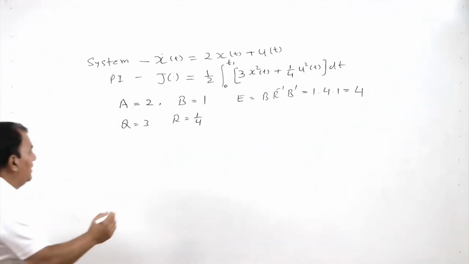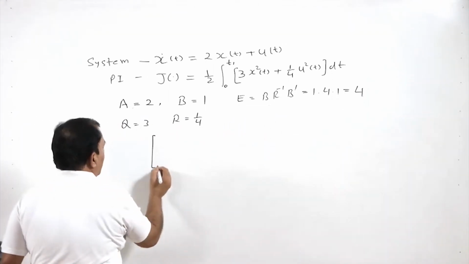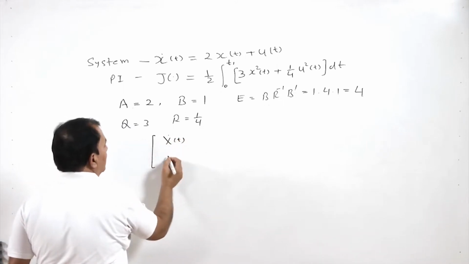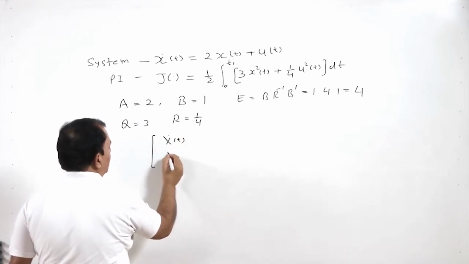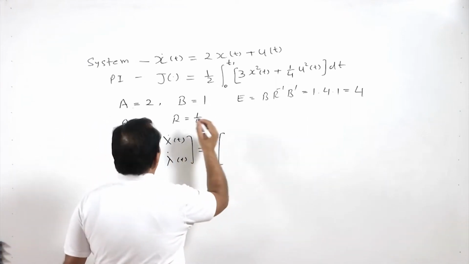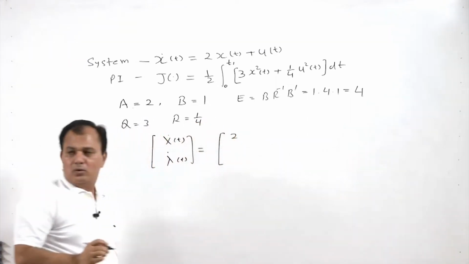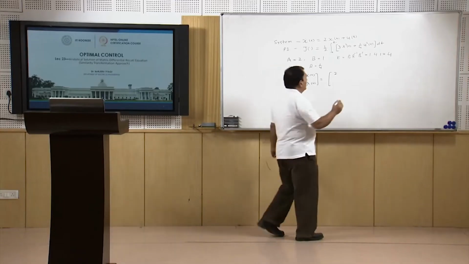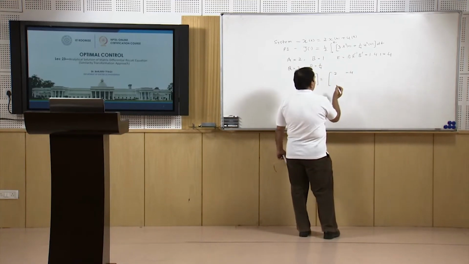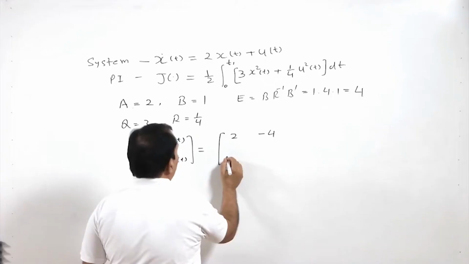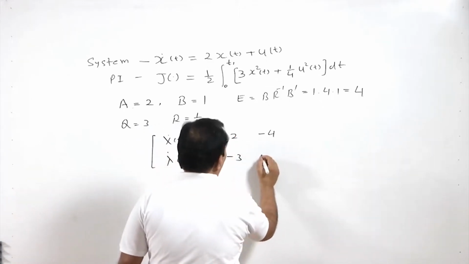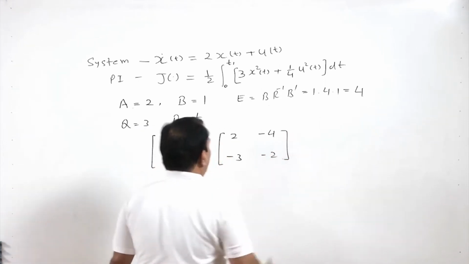If I write my Hamiltonian system, x dot(t), lambda dot(t) is equal to: A is 2, minus E so minus 4, then minus Q, minus 3, and minus A transpose, which is minus 2.